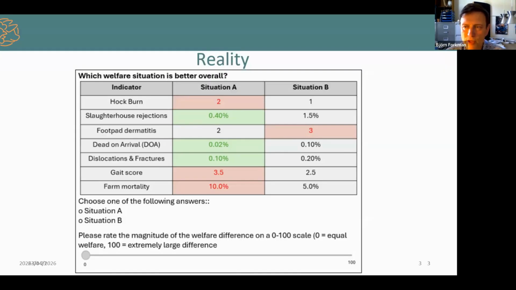And of course, what you come up with will depend on your evaluation of how bad each of these different values is for each of these farms. But putting them together is really, really tough. Now, a diagram like this, which contains only a couple of indicators, is difficult to do.